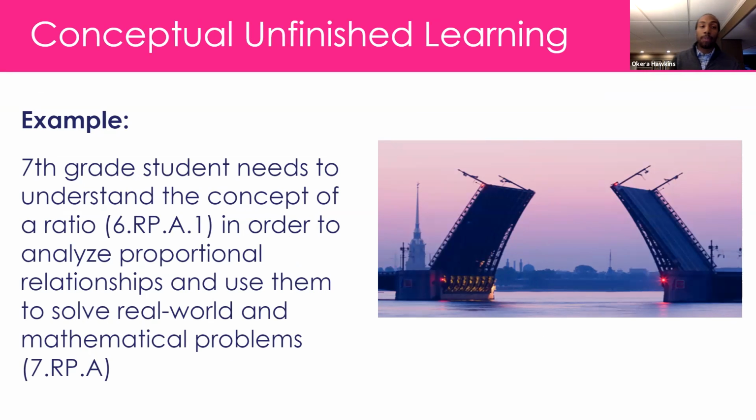Our quick example of conceptual unfinished learning is that a 7th grade student must understand the concept of a ratio, which is part of the major work of 6th grade, in order to analyze proportional relationships and use them to solve real world mathematical problems, which is the major work in 7th grade. So we would provide that on-ramping, leveraging that 6th grade standard, then give students access to that 7th grade standard.